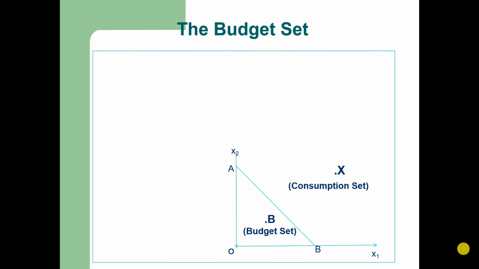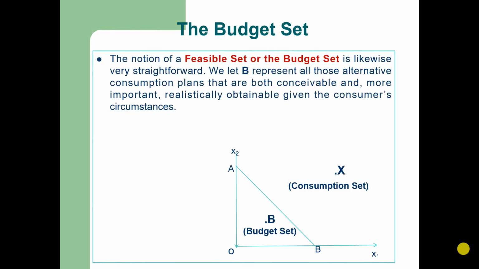Now we explain the concept of the budget set or the feasible set. The notion of a feasible set or the budget set is also very straightforward, and we let the feasible set B represent all those alternative consumption plans that are both conceivable and, more importantly, realistically obtainable given the consumer's circumstances.